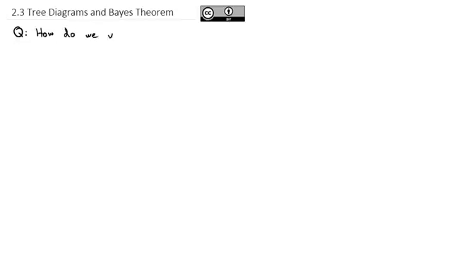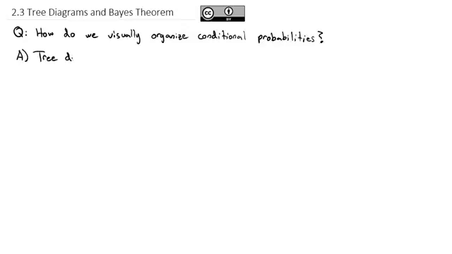How do we visually organize conditional probabilities? And really, the best way to organize a conditional probability is using what is called a tree diagram.